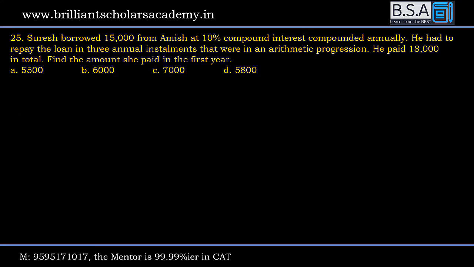Suresh borrowed rupees 15,000 from Amish at 10% compound interest compounded annually. He had to repay the loan in 3 annual installments that are in an arithmetic progression. Be very careful with this. He paid rupees 18,000 in total.